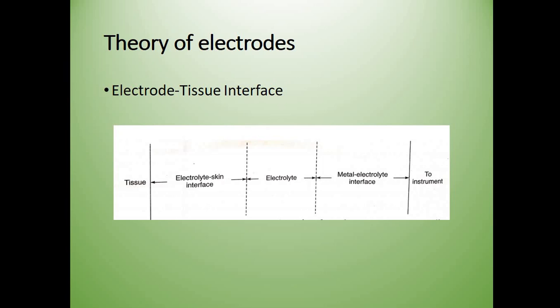Because of this, two interfaces are created. One is due to the electrode or the metal and the electrolyte, and the other is the electrolyte skin interface.